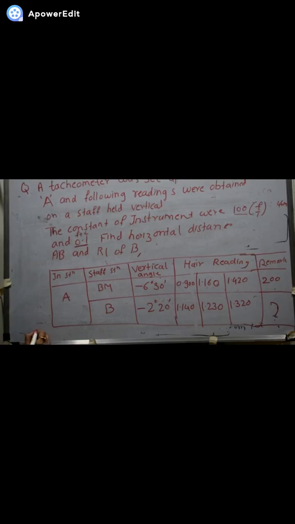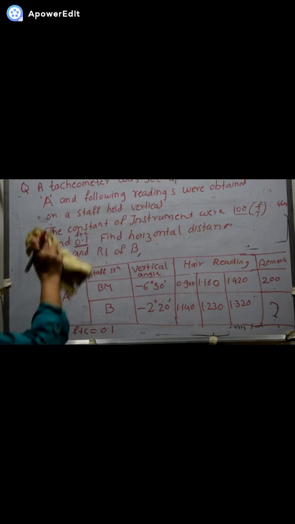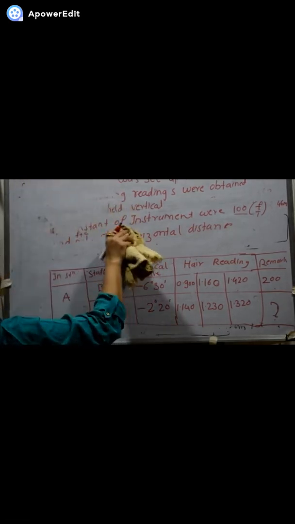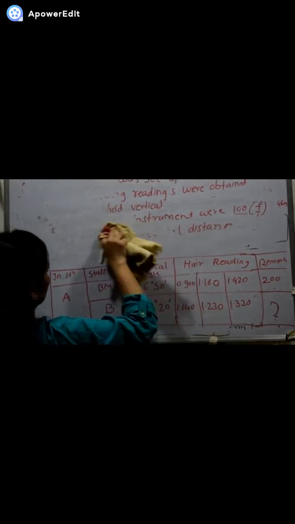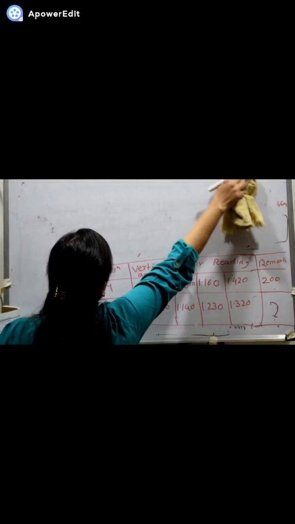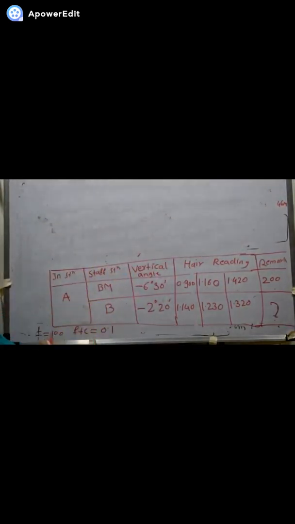So we have f by i equal to 100 and f plus c equal to 0.1. To start with, as usual we first draw the sketch from the observations taken in the field and then we will solve the problem.